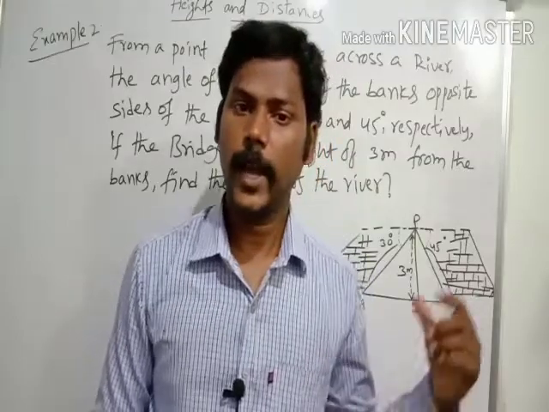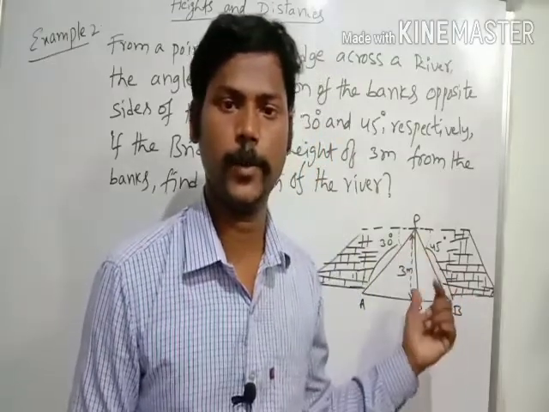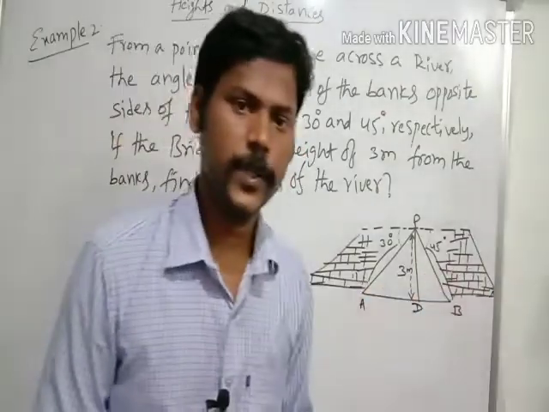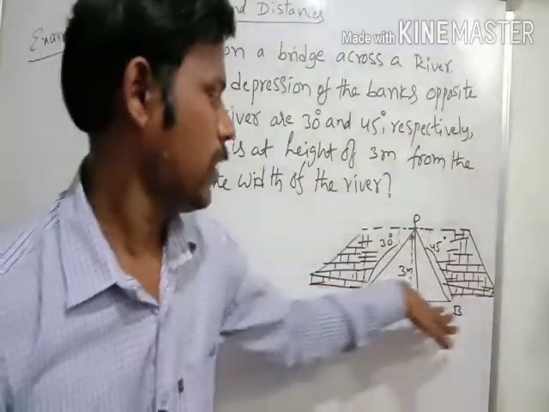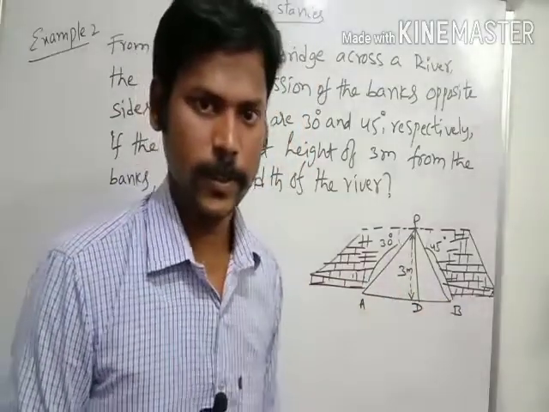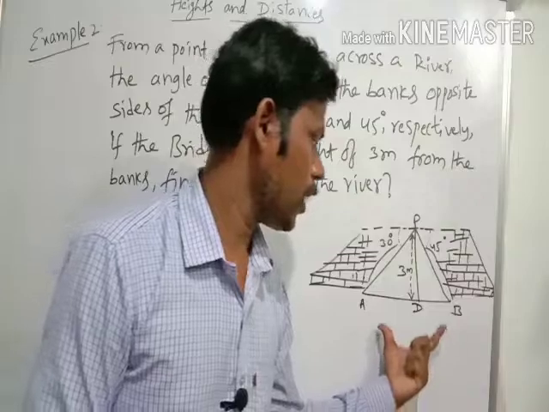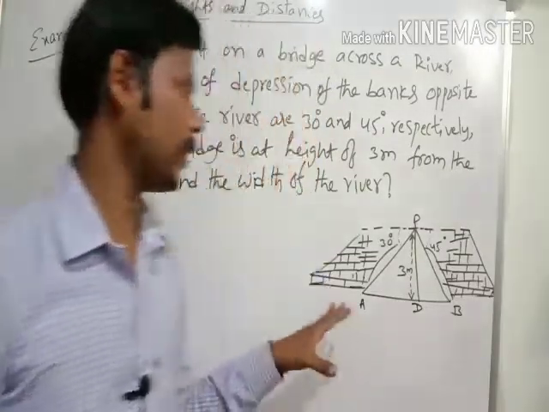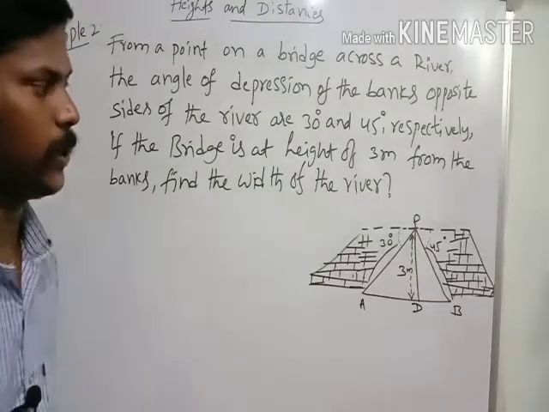And the height of the observer from the surface of the river is 3 meters. Understood, children? We want to find the width of the river. How to find it? Look at the picture. I will explain the solution.